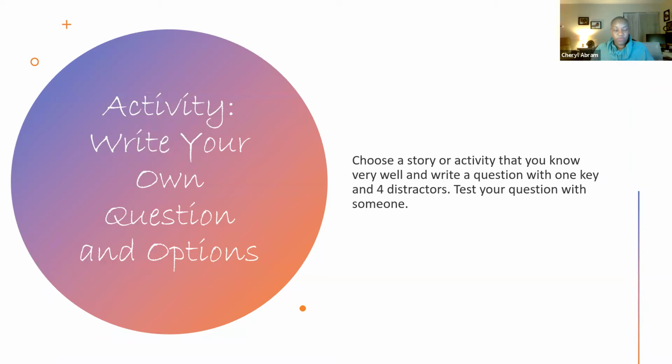To help see how this feels, I want you to write your own question and options. Think of any kind of story that you know, something that you're good at, cooking, whatever it is. Write a question, and then write a key, the correct answer, and some distractors, and then give it to somebody and let them figure out what the correct answer is.